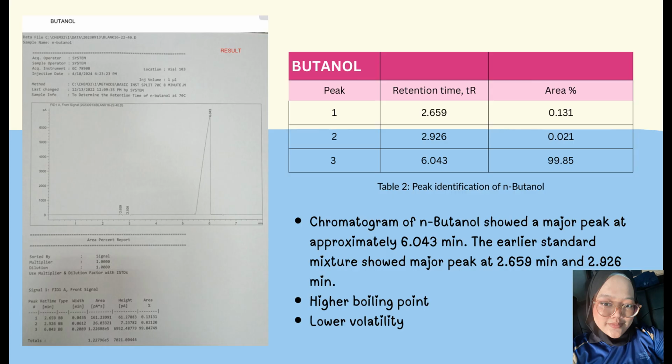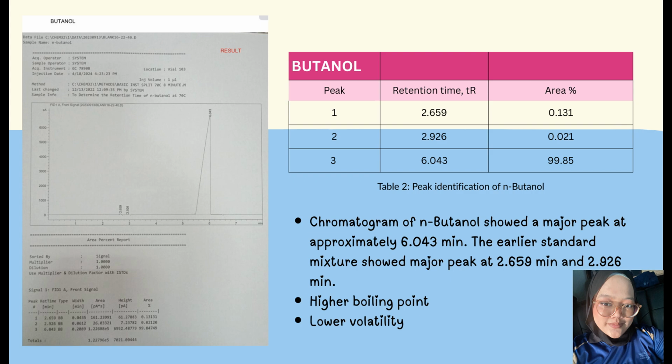However, this represents only a tiny fraction of the sample, less than 1% combined. The major peak, which is clearly visible on the graph, occurred at approximately 6.043 minutes. This peak accounts for 99.85% of the area, confirming the high purity of our N-butanol sample.